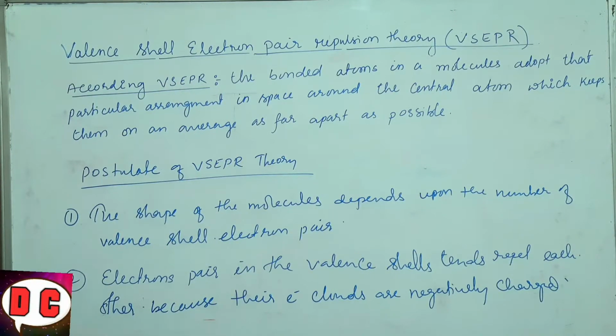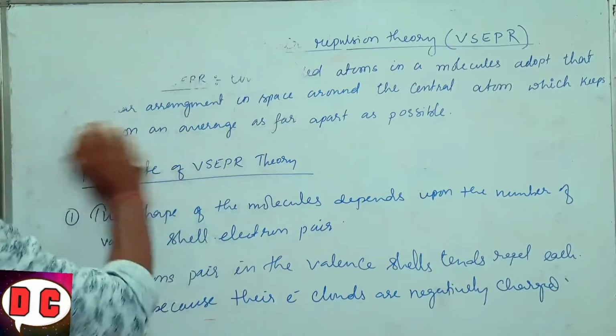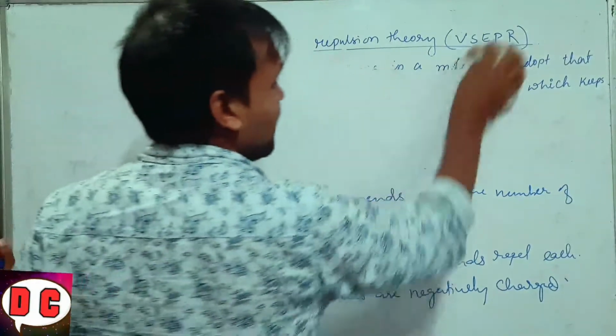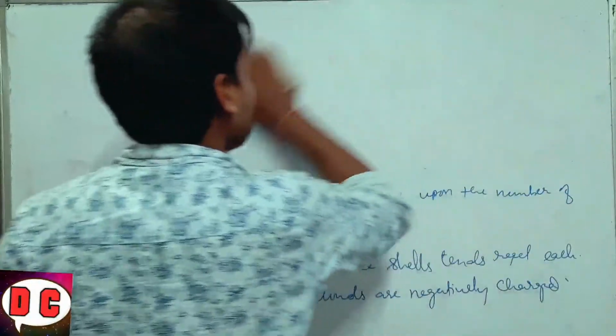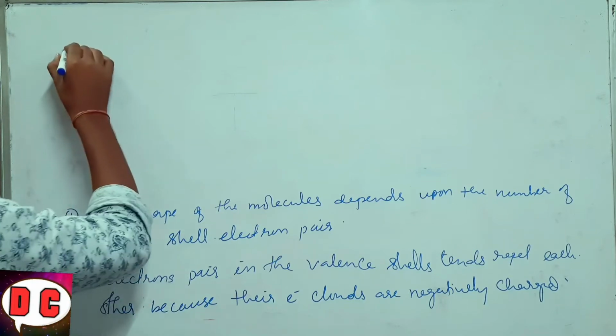Okay, the third postulate we are going to discuss. Try to understand properly, dear students. The third postulate says the electron pair tends to occupy the positions in the space at maximum repulsions.